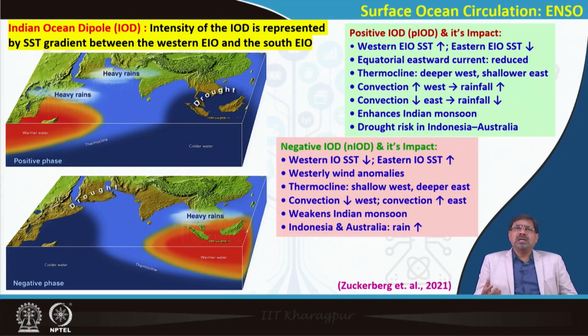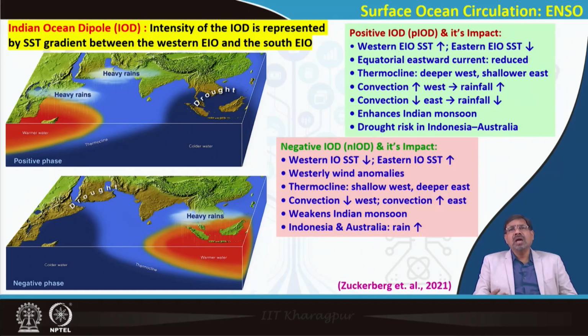In turn, it leads to enhancement or increase in the Indian monsoon precipitation. So, the drought risk in Indonesia to Australia is there, whereas in terms of the negative IOD, you can see the Indonesia and the Australian region receive more rainfall.